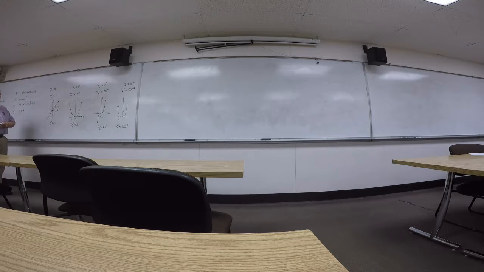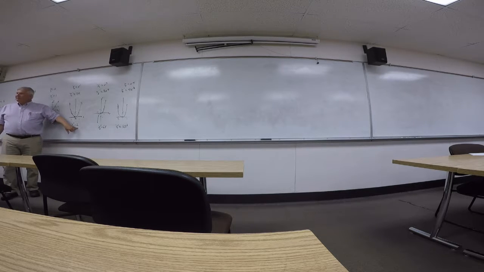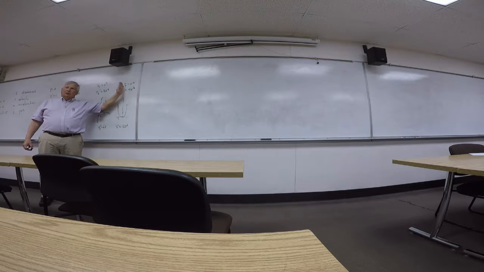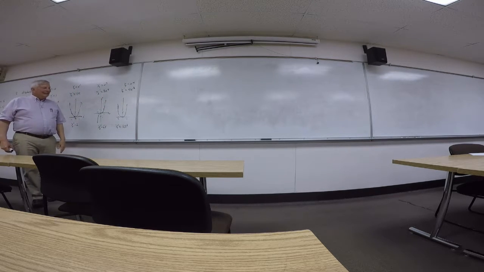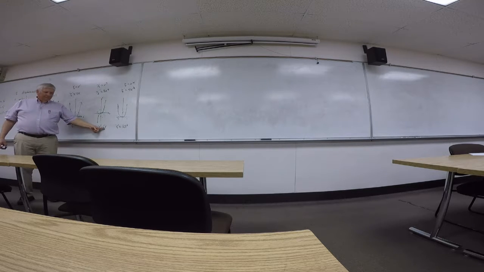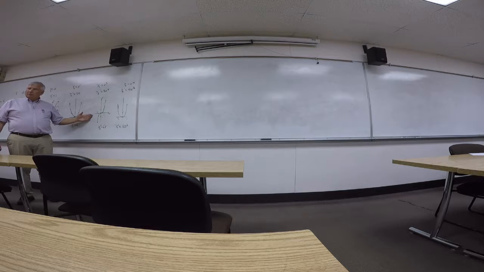Well, notice something. If the second derivative is positive, we're in the process of a left turn. If the second derivative is negative, and this is negative to the left of 0, we're in a right turn.